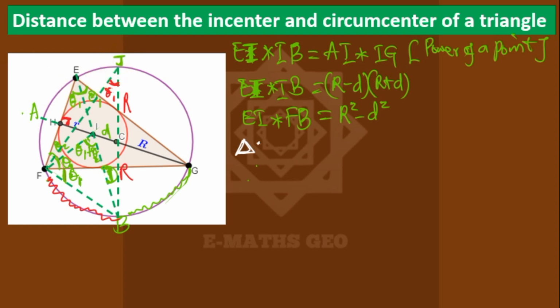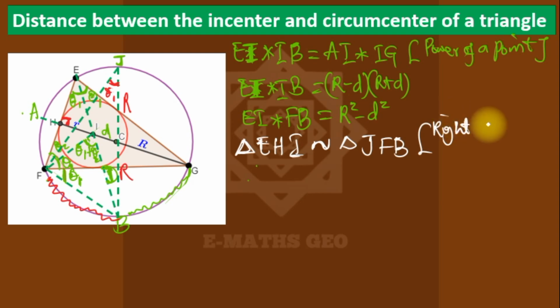So triangle EHI is similar to triangle JFB by the right triangle similarity theorem, because both of them are right triangles.